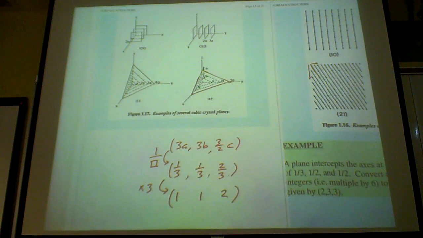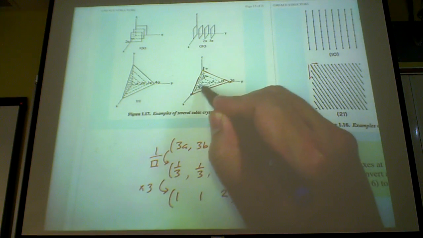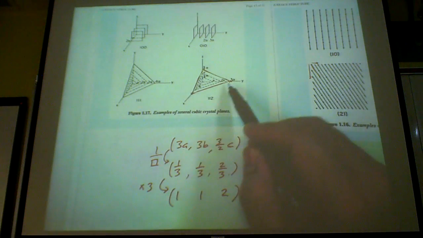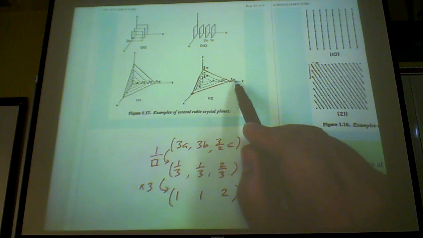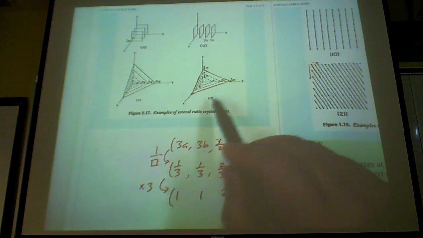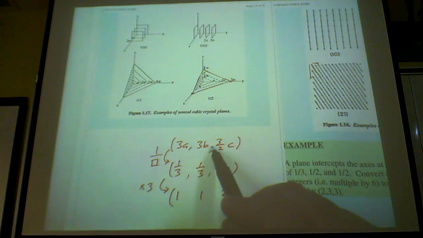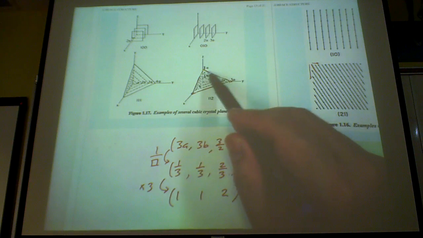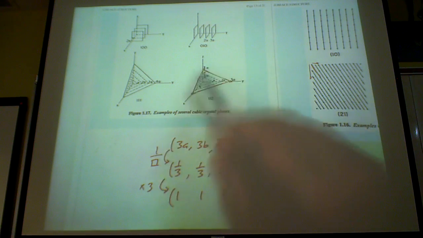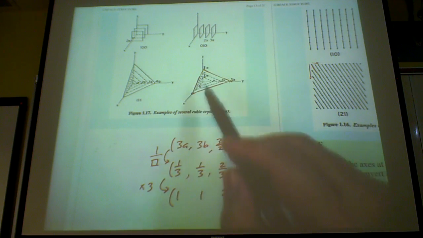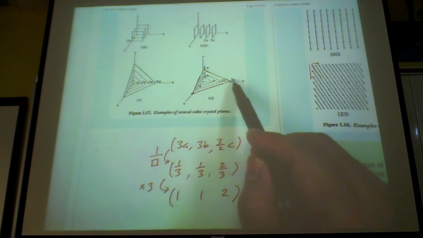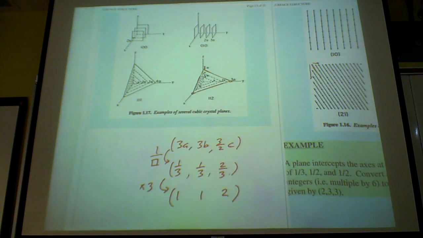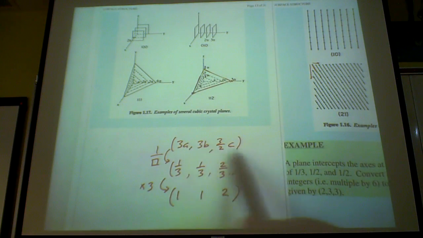This is one point here, in the 3A direction. And it intercepts at 3B. I call this B now instead of A because it's in the y direction. And this one intercepts at 3½ C. This book calls everything A, but I call this one A, this one B, and this one C, the unit vectors in three different directions. So that's the intercept that I found.